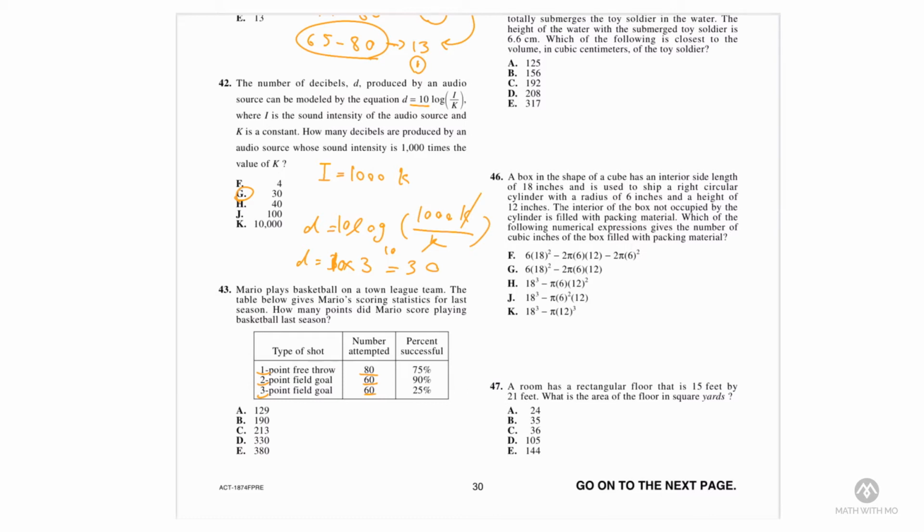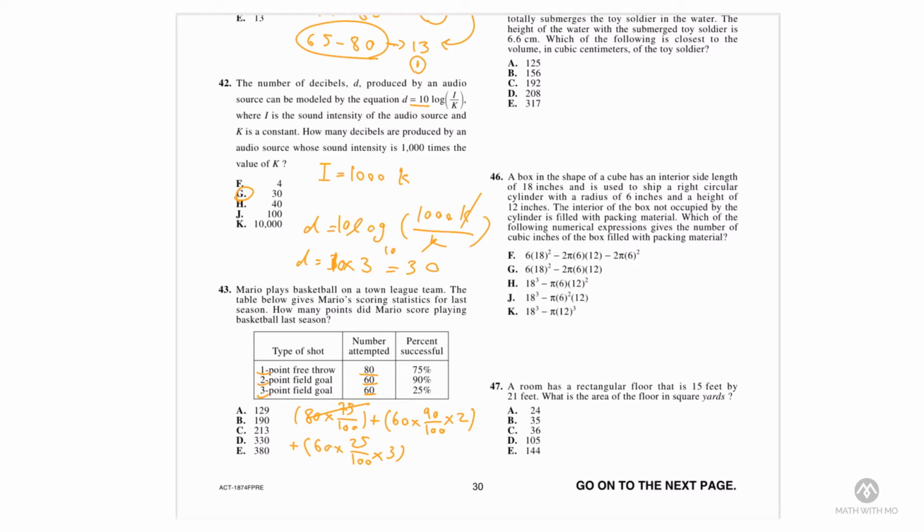From 80 shots he got 75% in, so I'll multiply them, by 1, which I don't even need to include, plus 60 times 90% in. These are 2-point shots, so I multiply them by 2. And the next one is 60 times 25% times 3 points.